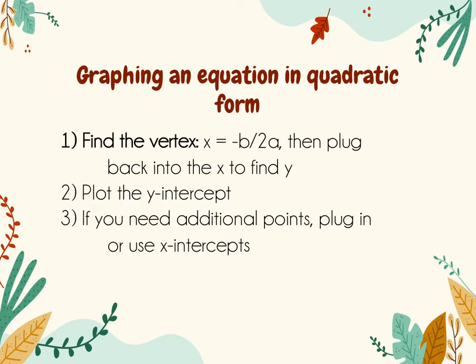Okay, if that's not enough information, then I would continue to either plug in additional points or use the x-intercepts, because sometimes it will ask for those too. The x-intercepts we will either find by factoring or quadratic, which is why we talked about it already today. So sometimes we can factor, and sometimes we have to use the quadratic.